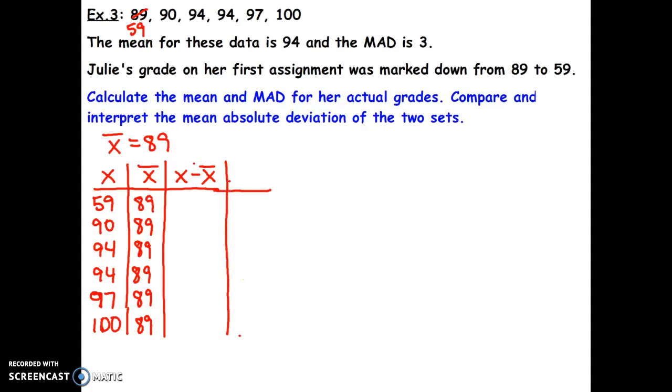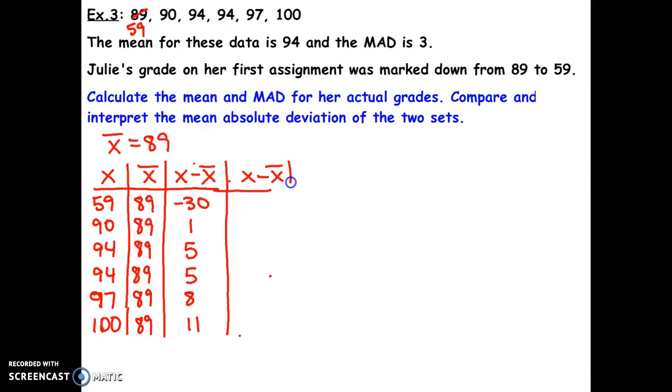So 59 minus 89 is negative 30. 90 minus 89 is 1. 94 minus 89, 5. 97 minus 89 is 8. And 100 minus 89 is 11.